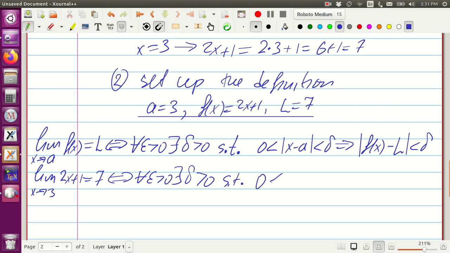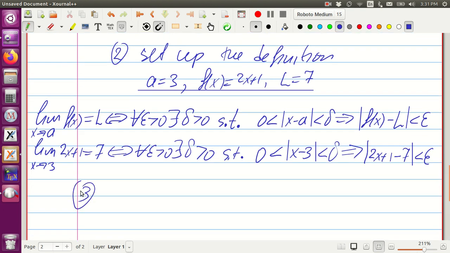Now we can do something here. x is just a variable, so it stays. For a, we put 3. Then we put less than, and for delta, we put delta. Implies, then for f of x, we write what it is, so it's 2x plus 1. For L, we write what it is, 7. And it's less than, oh, mistake here, less than epsilon, definitely. So that was the setup.